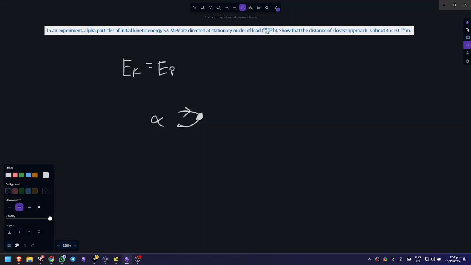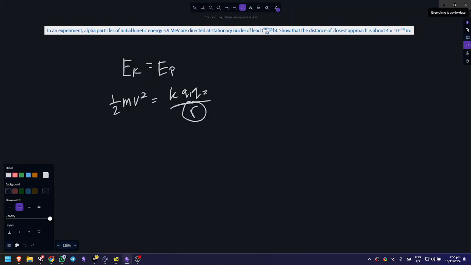The equations of each are 1/2 mv squared, which equals kq1q2 over r. These are known equations, and we already have the kinetic energy, so we can ignore this for now and focus on solving this.